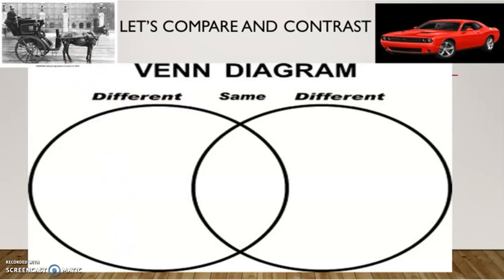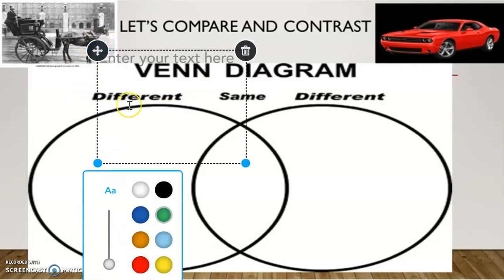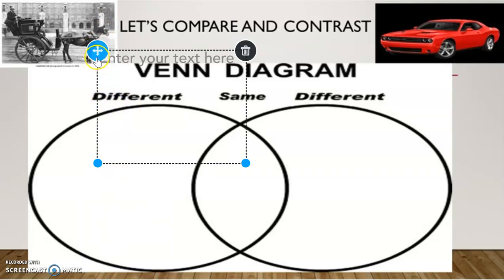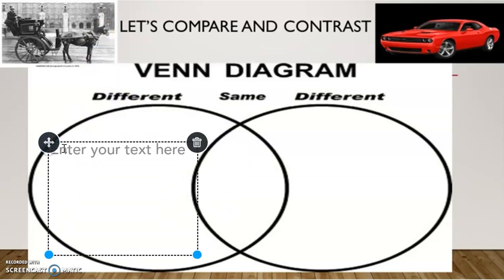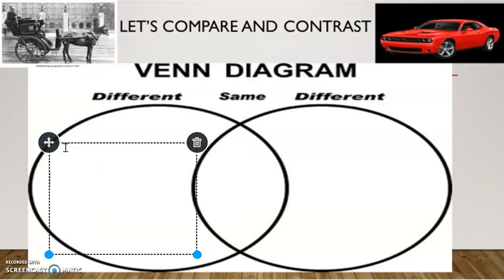Let's see. Let me pull up a text box and move it into this box right here. And I know by looking at the picture that I can say that this vehicle is pulled by a horse. That's one thing that's different from the car.